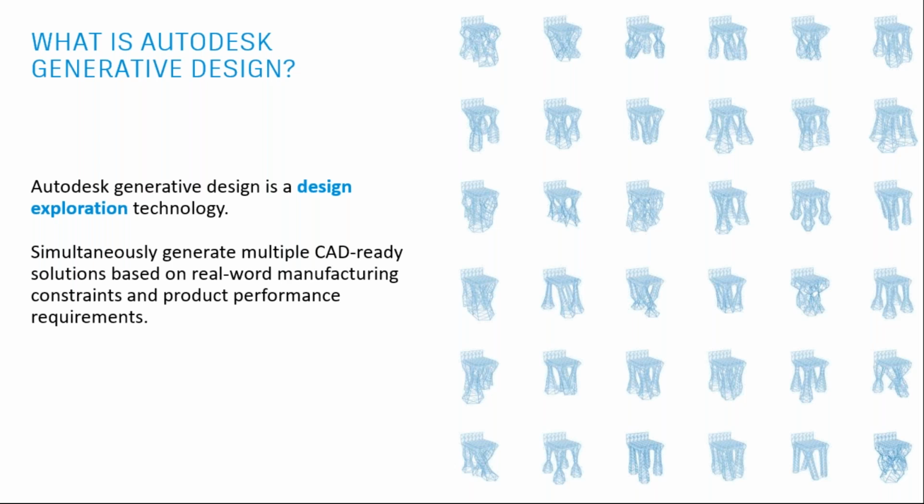The idea with generative design is you input those constraints, you input that product performance requirement or requirements, and then the program generates numerous results for you, and then you can review those results and determine which one or two or three might best suit your needs.